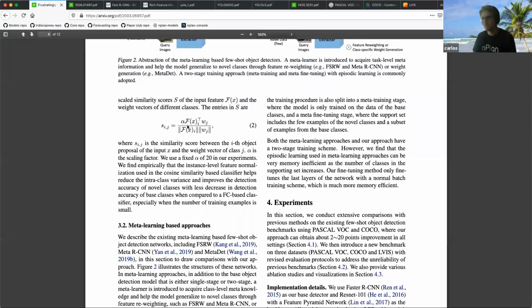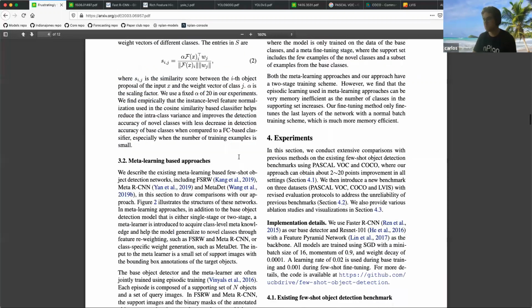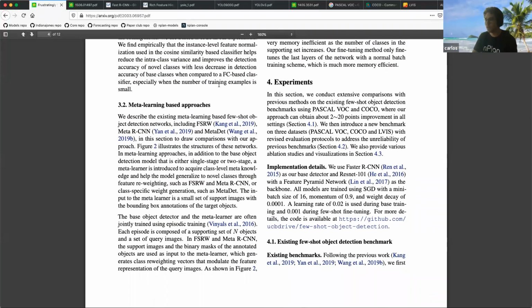And there's a scaling factor, which they don't give much intuition on why. I imagine it's just to introduce another tunable parameter to understand how the accuracy works with respect to a similarity. And they say they fixed it to 20, which seems to give them good results.